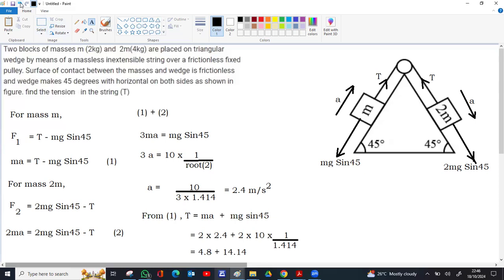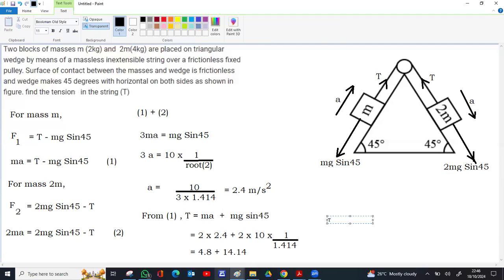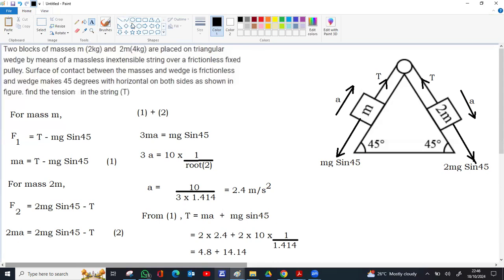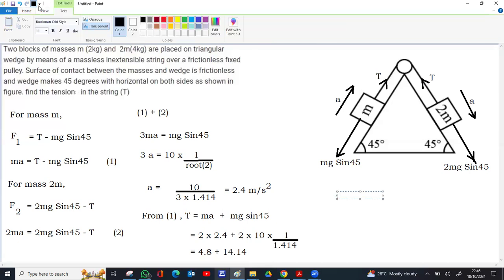So ultimately it becomes 4.8 plus 14.14, which will be 18.94. So the total tension will be 18.94 newtons.